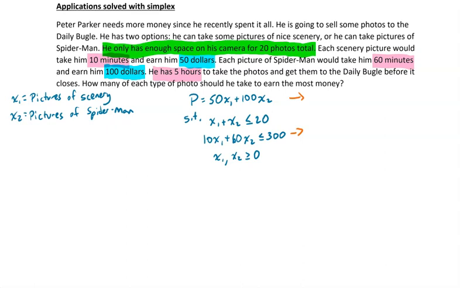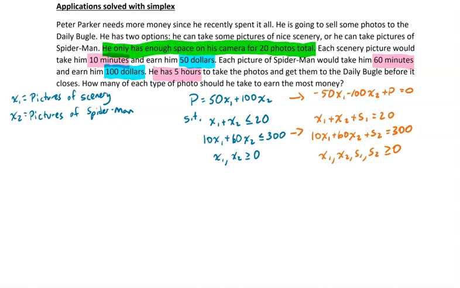So our new profit equation is negative 50x1 minus 100x2 plus p equals 0. Our constraints will be x1 plus x2 plus s1 equals 20, 10x1 plus 60x2 plus s2 equals 300, and x1, x2, s1, s2 are all greater than or equal to 0.